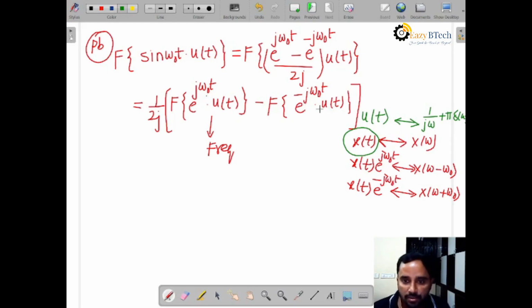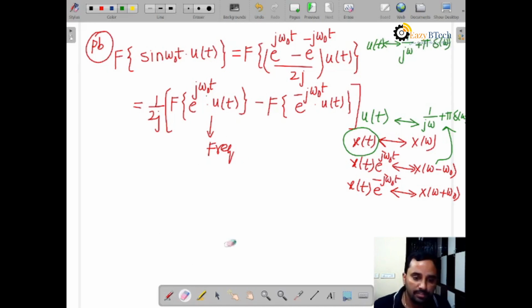When u of t is multiplied by e power minus j omega naught t, we get x of omega plus omega naught, wherever you have omega, omega plus omega naught. Understand? So I write here clearly, the Fourier transform of u of t is 1 by j omega plus pi delta of omega.